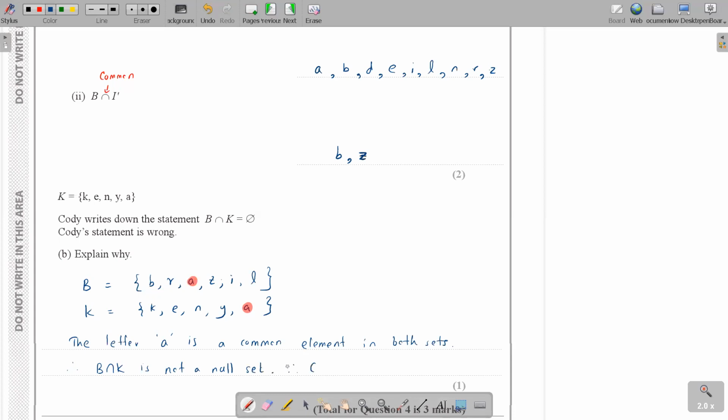Therefore, Cody's statement is wrong. You could say something like that. Then we can give a small explanation here. Basically, letter A is common in both the sets, so B intersection K is not a null set, and therefore Cody's statement is wrong.